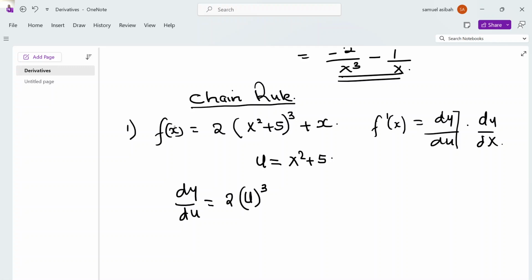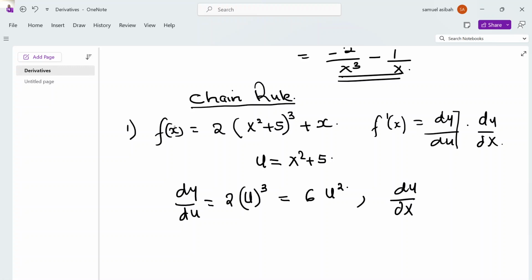So dy over du here, in this case, is equal to 6u squared, because we are differentiating u raised to 3. So you have differentiated dy over du. So it is just like the whole function. Now the second part is du over dx.